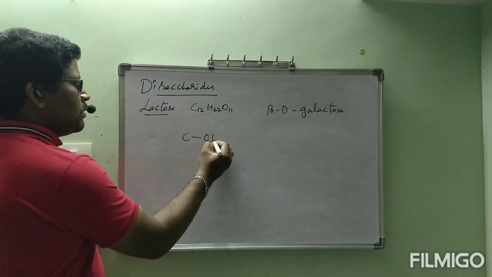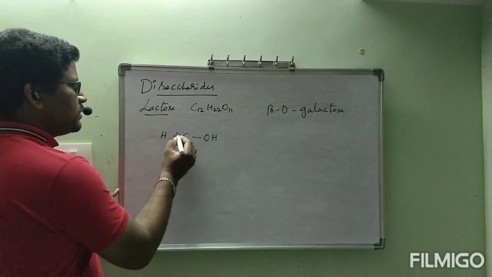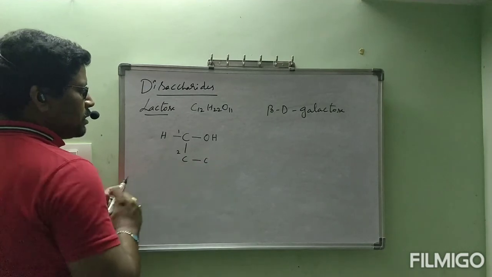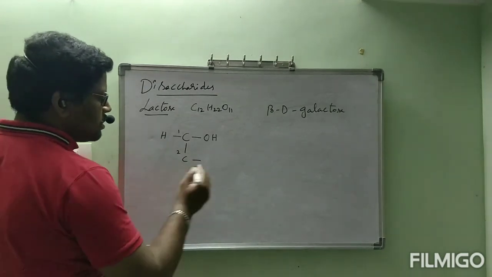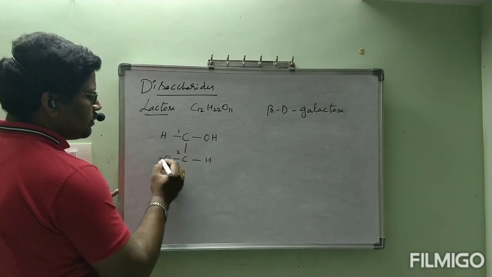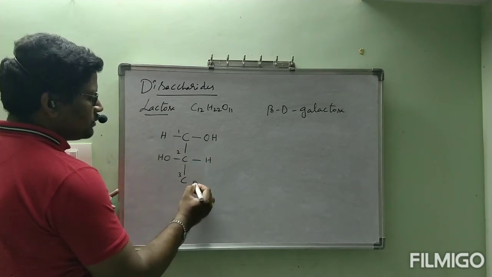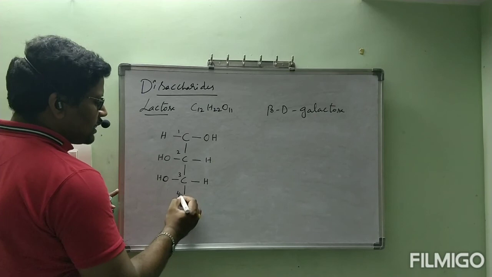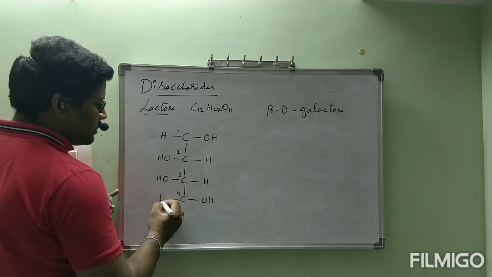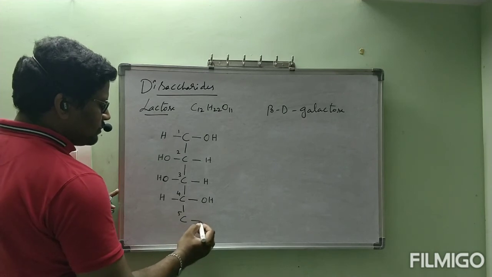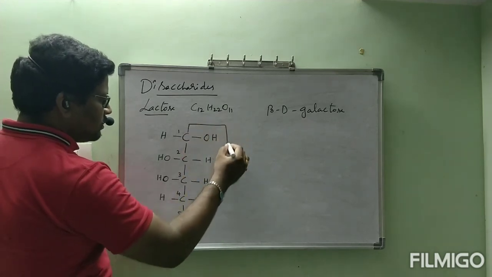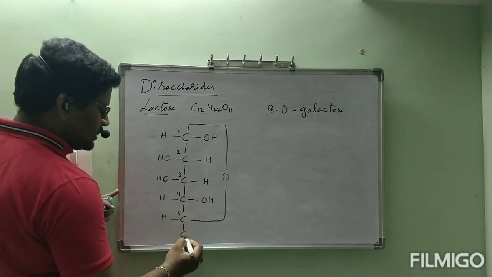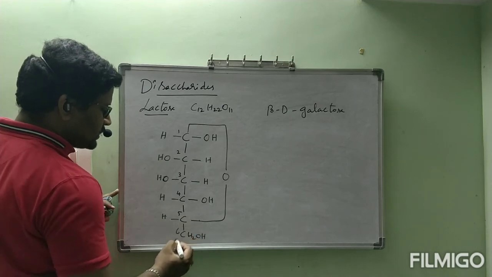C, OH, H, this is first carbon, second carbon, H, OH, third carbon, H, OH, fourth carbon, OH, H, fifth carbon, and first carbon, H, CH2OH, sixth carbon.